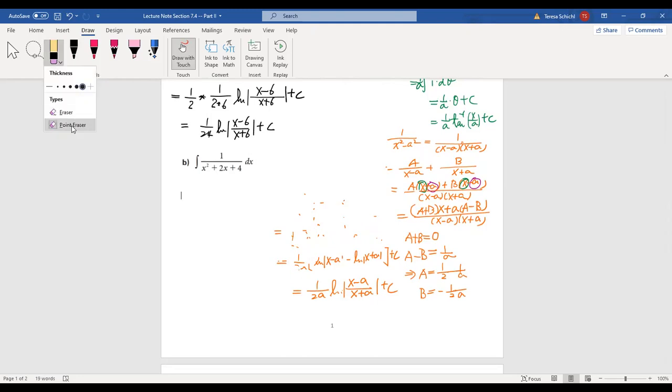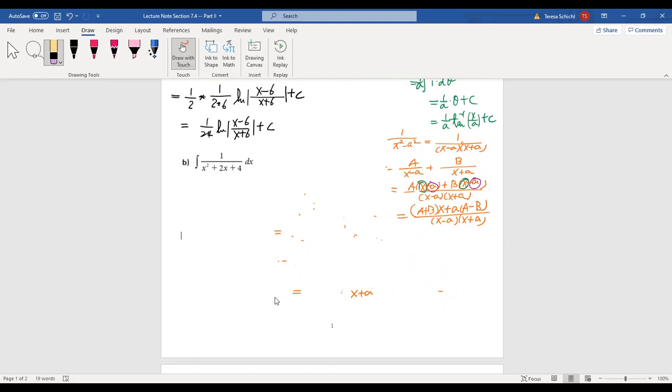Get a bigger eraser. Okay, it doesn't like to erase here. All right, that's fine. So we can erase here. All right, okay, for this one, I think we should have plenty of space here.